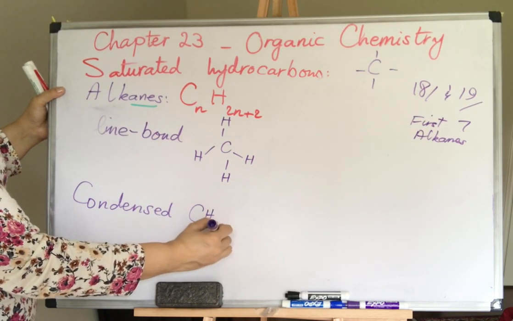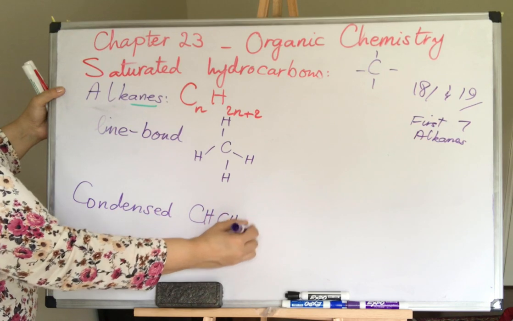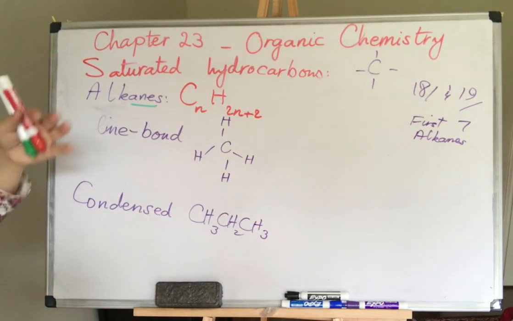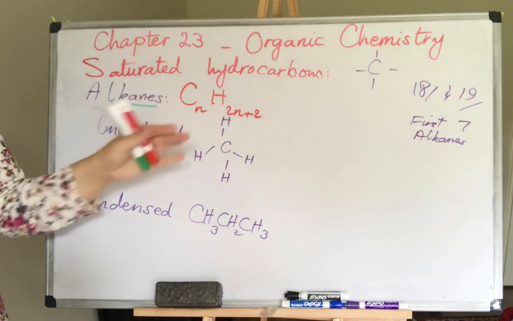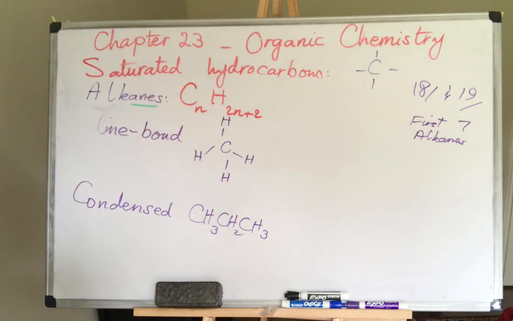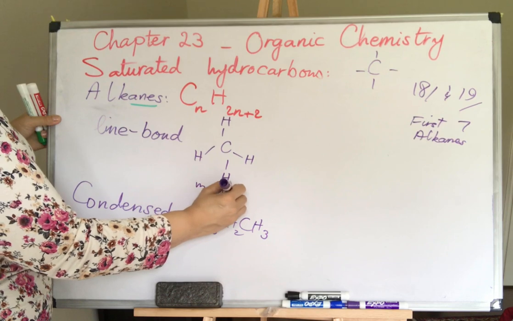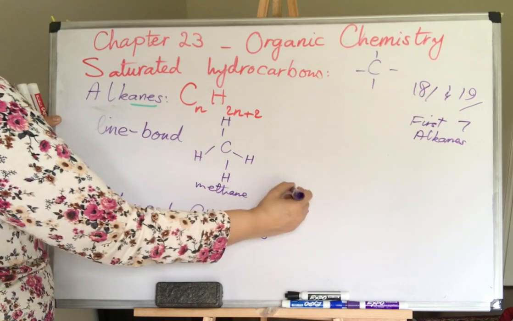If I have a hydrocarbon like this, it would be the condensed formula. Let me start working on different structures so you will understand better. So far, based on what you have learned, let's say this is for methane. Let's draw it for ethane also.